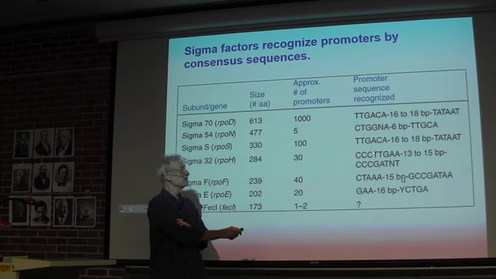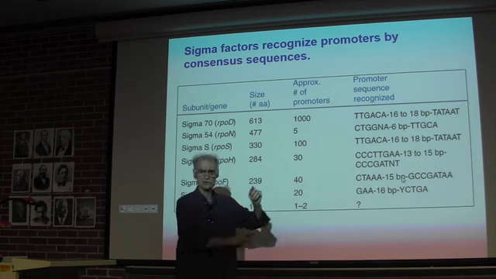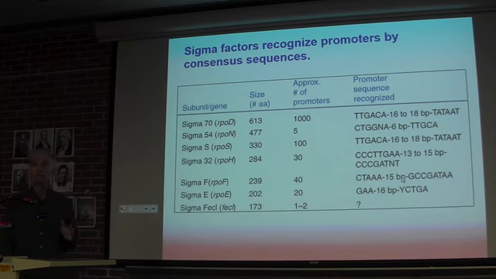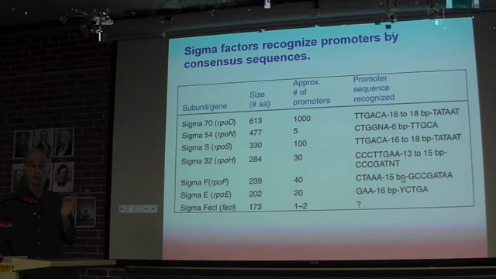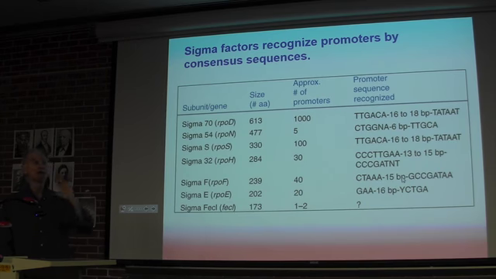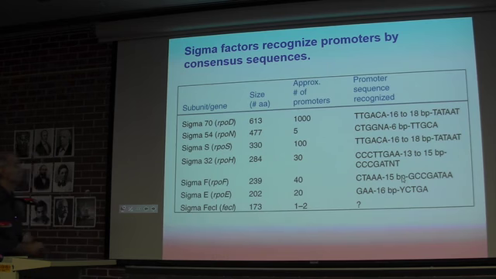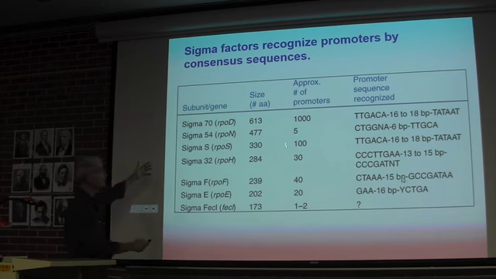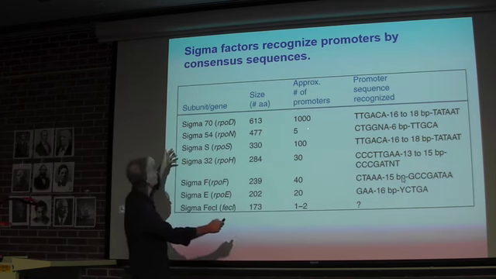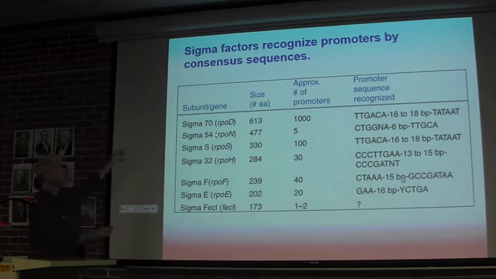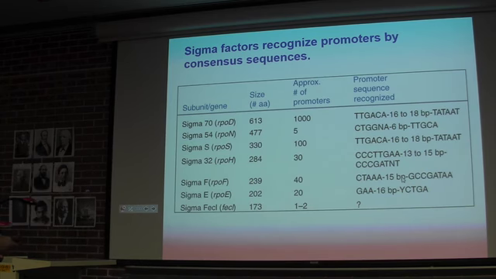So the main theme here is that there are 2 elements, 2 main elements, that establish specificity with respect to which sigma, and it determines direction of transcription. 2 elements. Here you see the number of promoters controlled, 1,000. For the heat shock one, which is 32, only 30. For nitrogen starvation, only 5 promoters use that sigma.